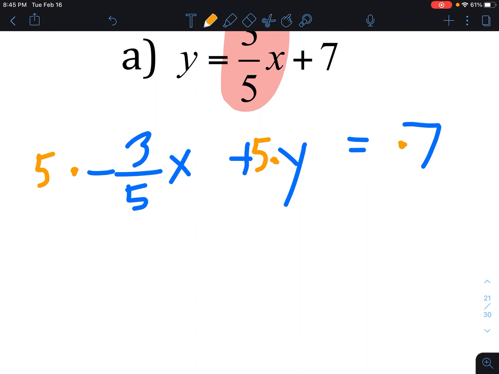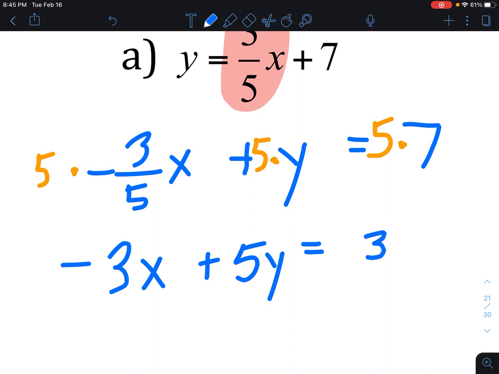Even the 7, even that term on the right side of the equal sign gets multiplied by 5. So 5 times negative 3/5 would be negative 5 times 3 is 15, divided by 5 is 3x. Notice the fraction's gone now. And then plus 5y equals 35.